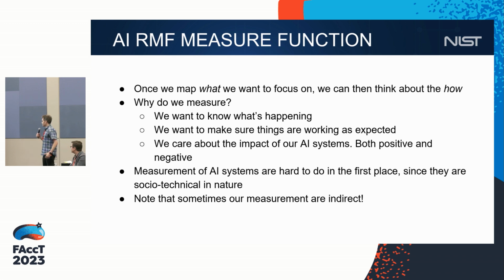Cool. One important thing, and I think it's very important to acknowledge, is that measurement for AI systems in general is very complicated and very hard to do. All of these, as we mentioned earlier, are socio-technical systems. AI systems are systems in which the human component and the algorithmic or machine component interact with each other. So it's really important and hard to disentangle the two.